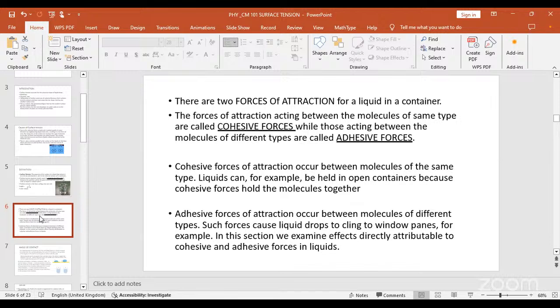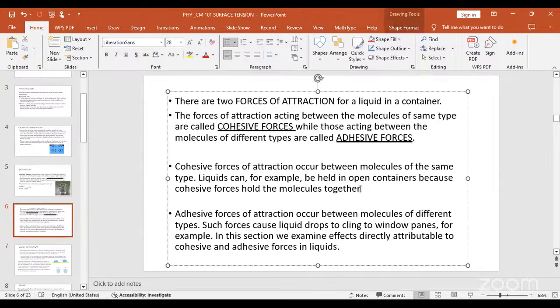There's this attraction between molecules of the same type. For instance, between liquid and liquid, the molecules of the water will attract each other. Or liquids can, for example, be held in an open container because cohesive forces hold the molecules together.